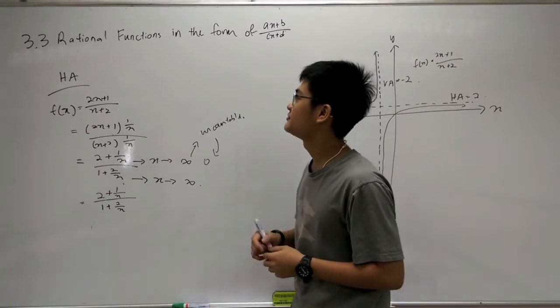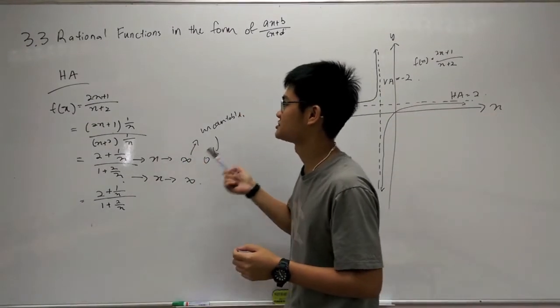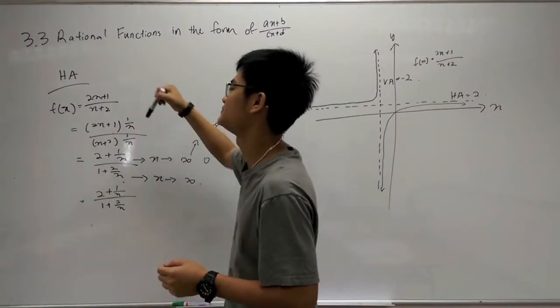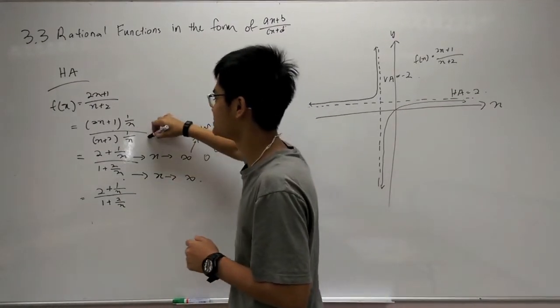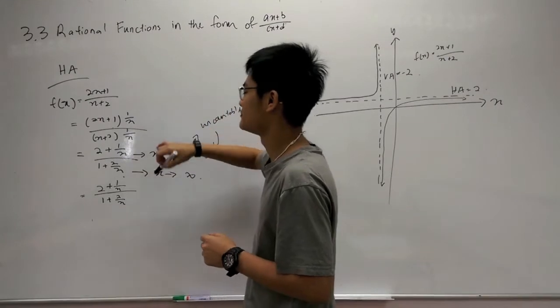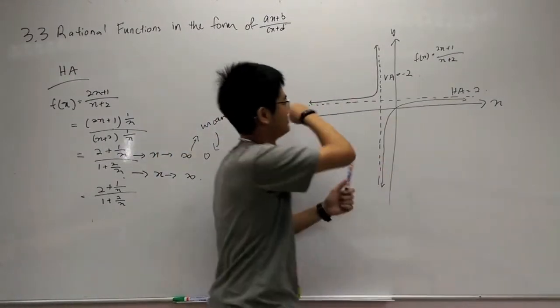So guys, how do we find the horizontal asymptote for the rational function 2x plus 1 over x plus 2? First, you have to multiply the two polynomial functions by 1 over x, which will make it a reciprocal, such as this one here.